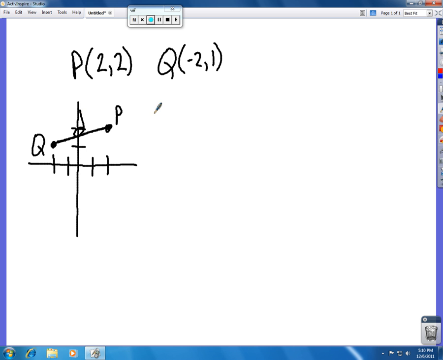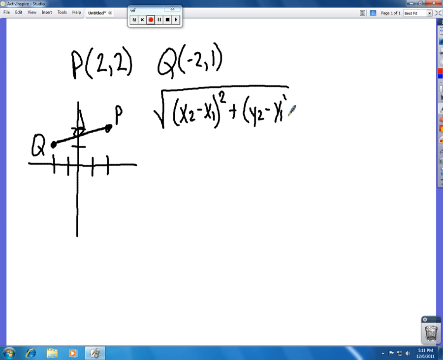Now the formula, I'll rewrite it, was x2 minus x1 squared plus y2 minus y1 quantity squared. And all we have to do now is basically assign our x2 and our x1 to the different values above for P and Q, right? And then likewise the y1 and the y2.